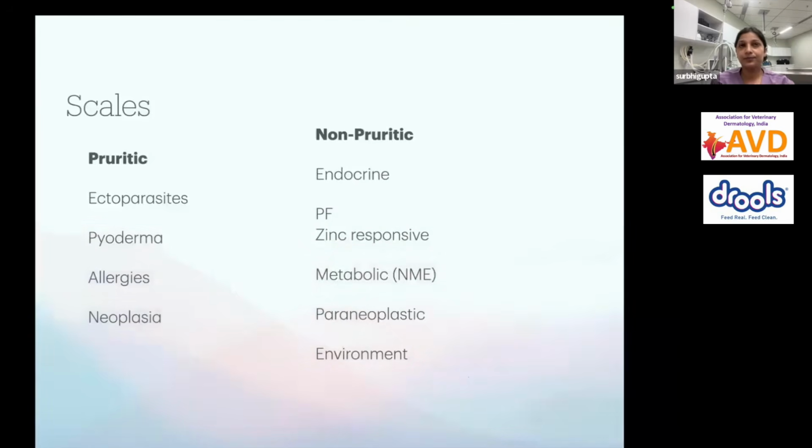And if pruritus is not there, then my differential list changes a little. It's not necessarily that I don't consider the other differentials, but my top differentials get changed if this clinical sign is added into the picture.